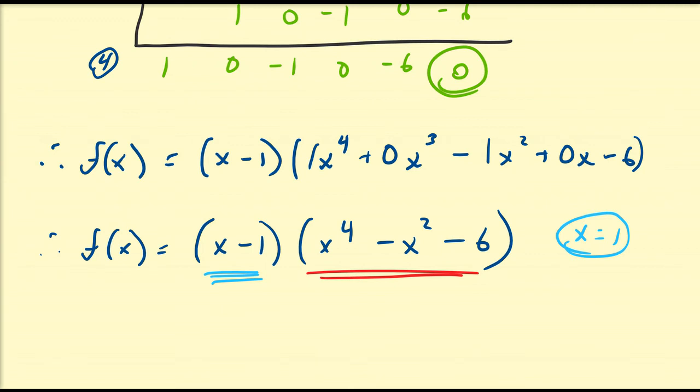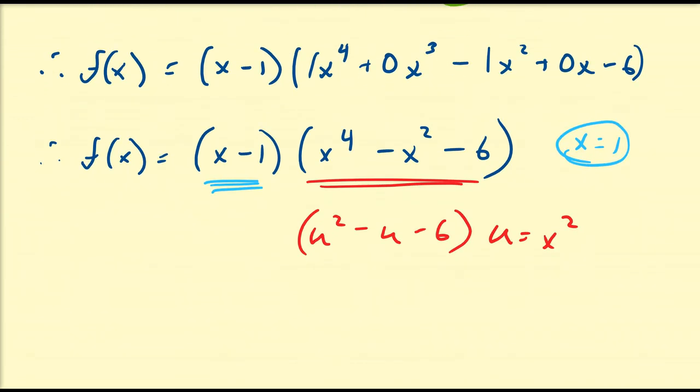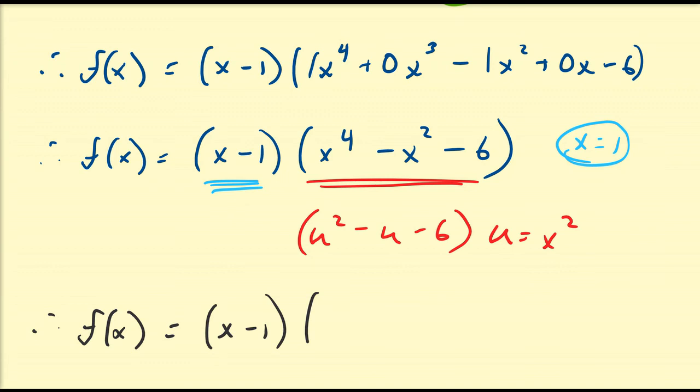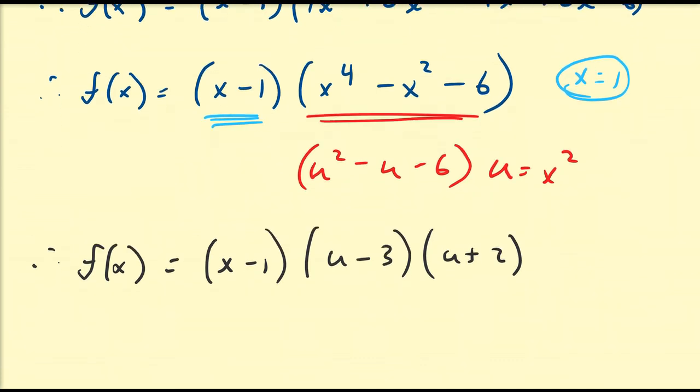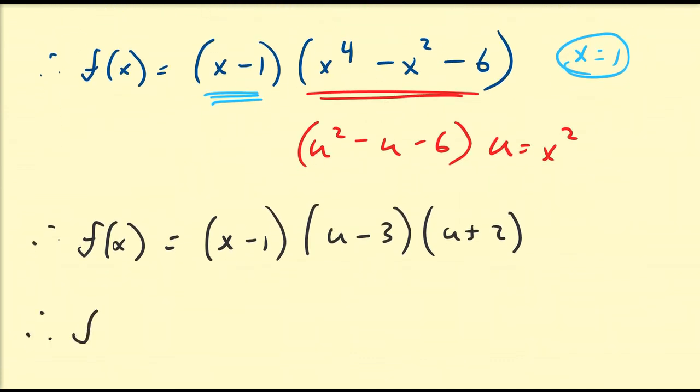So what we can do cleverly is we can let u be equal to x squared. So this is actually equal to u squared minus u minus 6, which we should know actually does factor in terms of u. So this is going to be x minus 1 times u minus 3 times u plus 2, right? Then we can switch back into x since u is just a dummy variable.